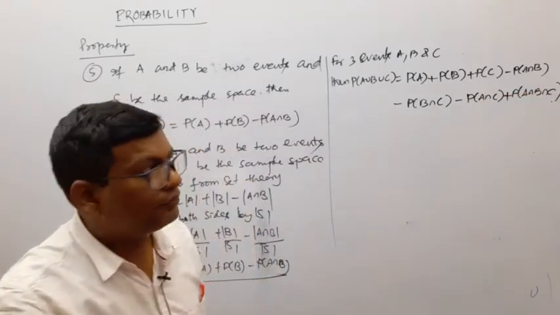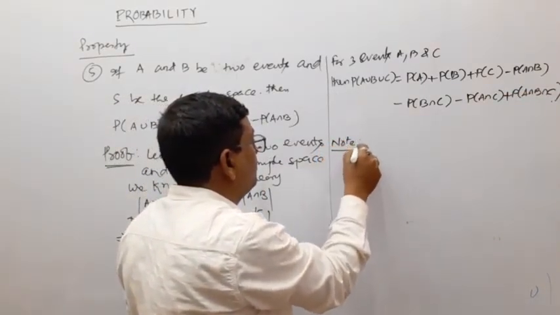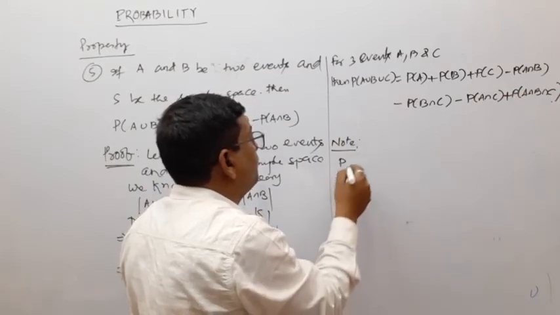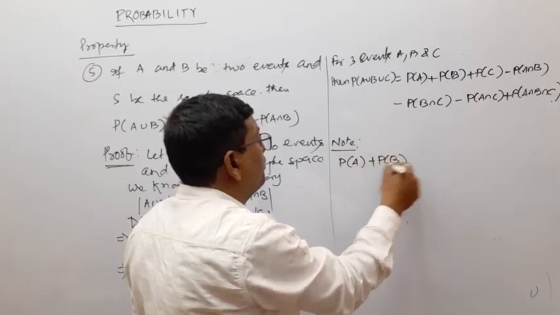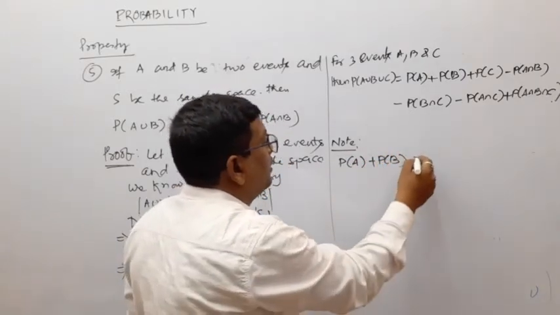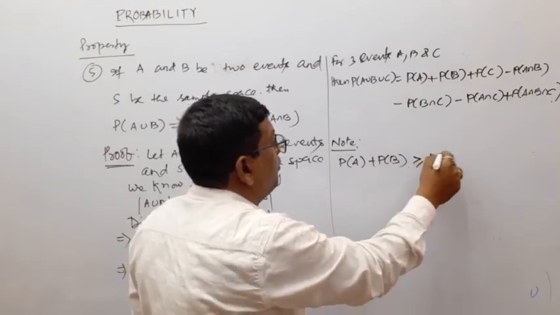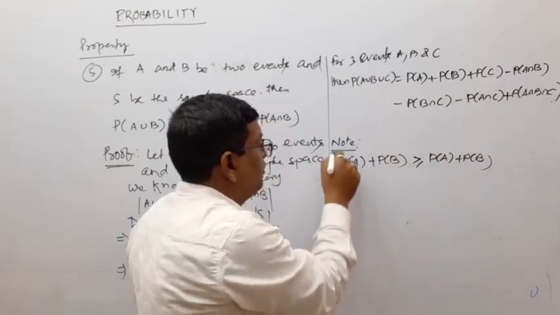Clear? Now note, probability of A plus probability of B is greater than or equal to probability of A union B. How is it possible?